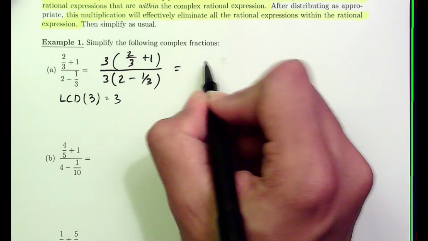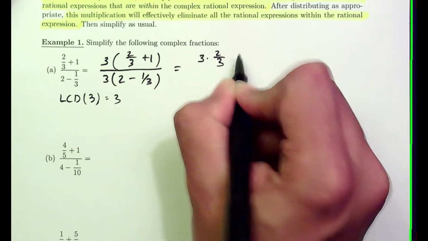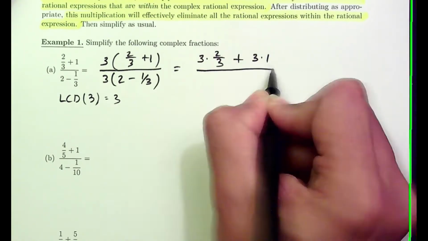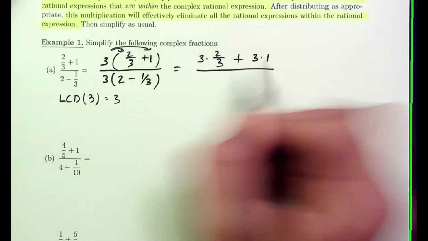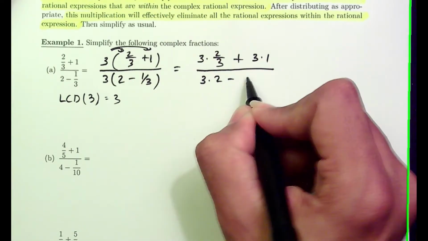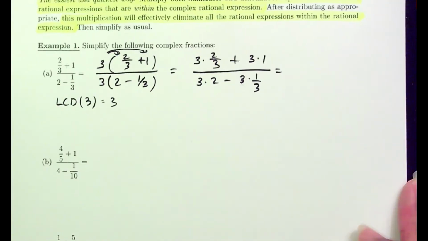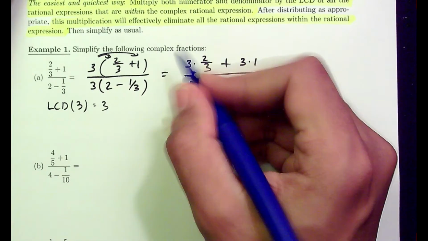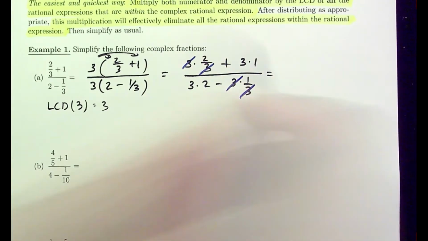So you see, you're going to get, distributing, 3 times 2/3 plus 3 times 1. And then same thing, distribute for the bottom: 3 times 2 minus 3 times a third. Okay, so you distribute the bottom as well, and then you see these fractions now are going to cancel. 3 cancels with a 3, and this 3 cancels with that 3.